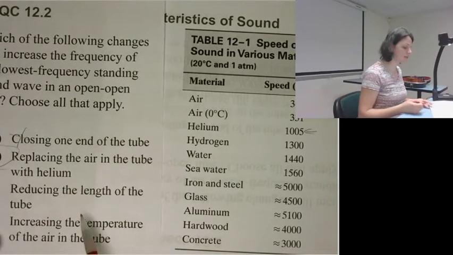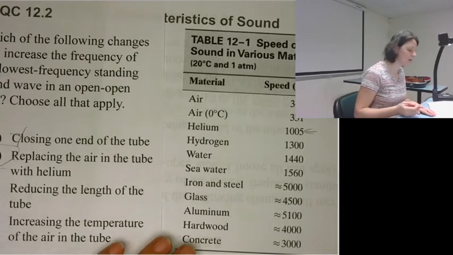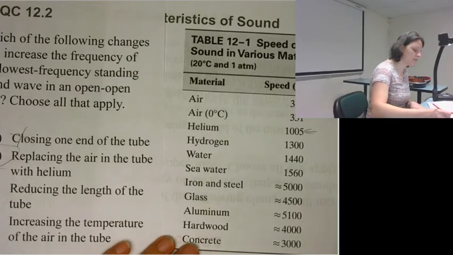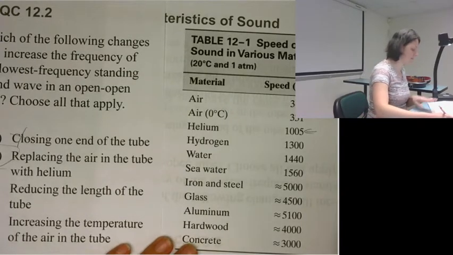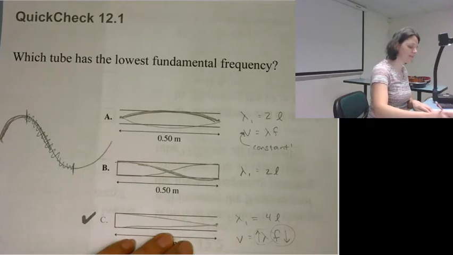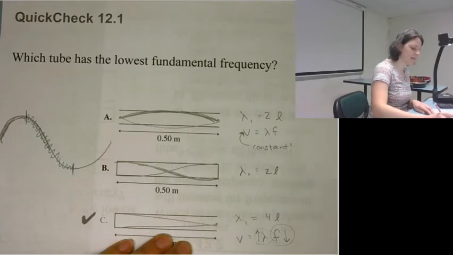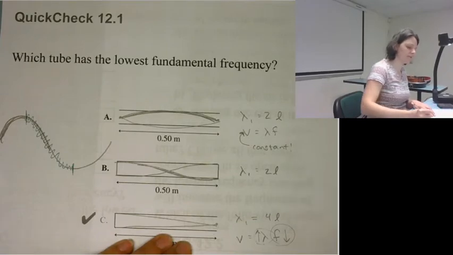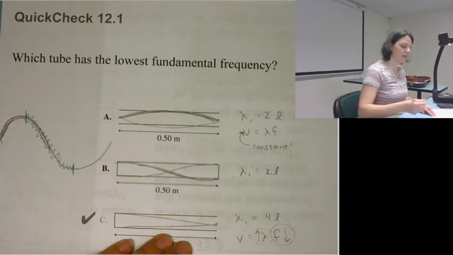And what if you reduce the length of the tube? So we pull up these equations from the last time here. If I reduce the length of the tube, I have that lambda 1 is 2L and V is lambda 1 F1, and I'll plug in my 2L here. You have your equation sheet for this, but I can't find mine, so I'm going to derive my own relationship.